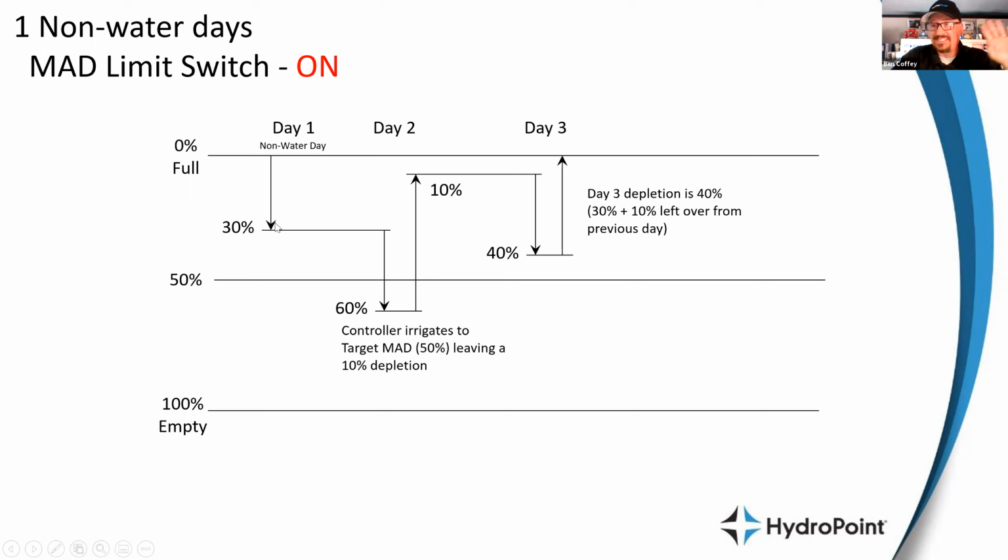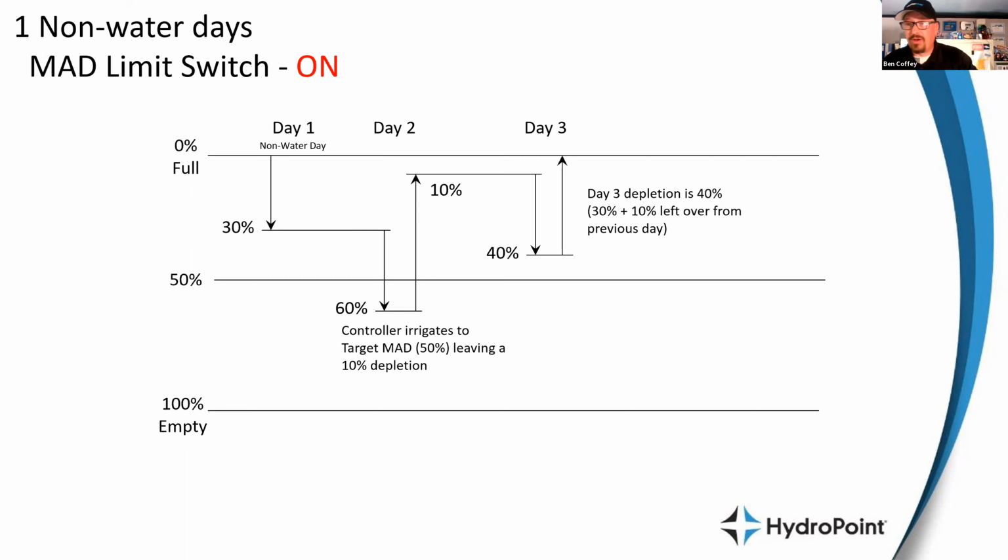No irrigation needs to happen. We're safe in saying that this is the same until day 2. At day 2, we get down to 60%. But what the Mad Limit Switch does is it restricts the irrigation that's happening on site to however much depletion you've got programmed for that station.